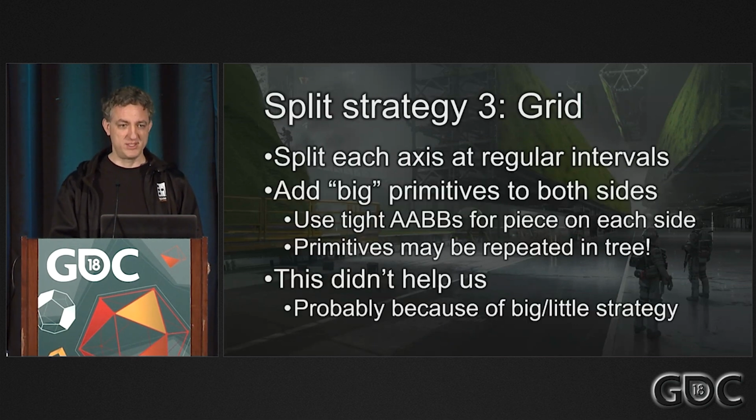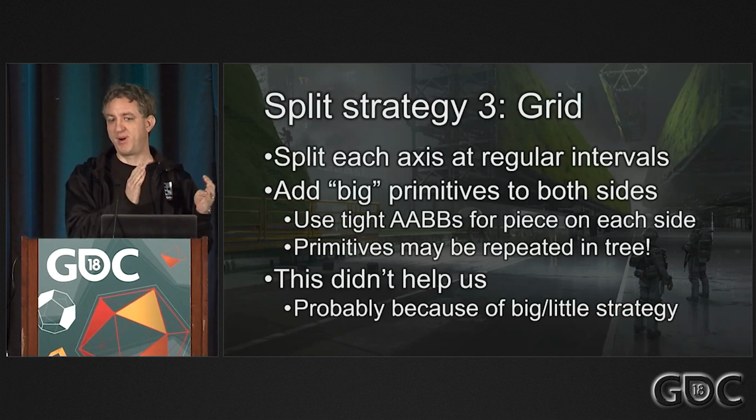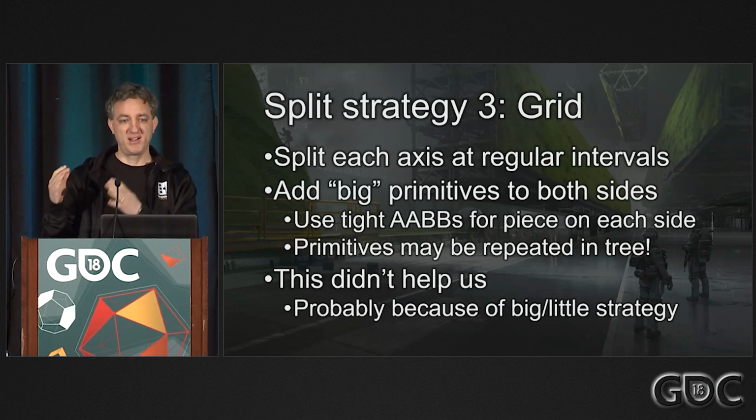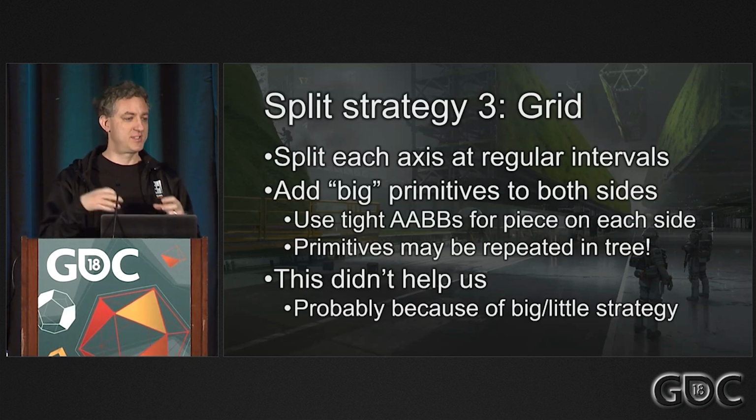And then you can also split on a regular grid. And when you do this, you consider if a primitive is big, then you can put part of it on one side of the tree and part of it on the other side of the tree. You basically chop it in half, see what bounding box fits on the 2 halves, and then use just that bounding box on each side, but put the whole object.